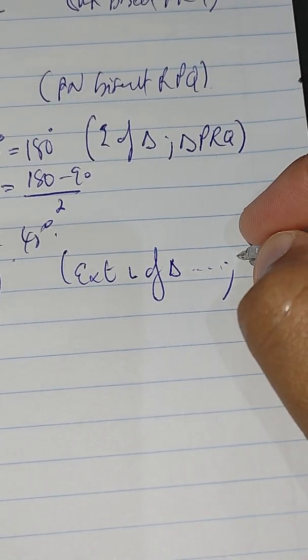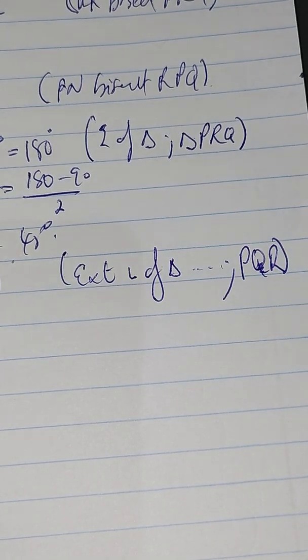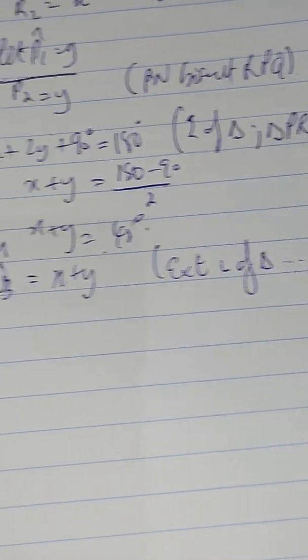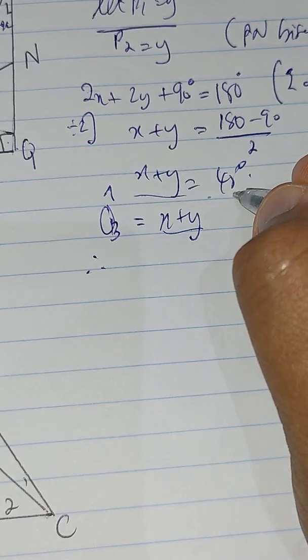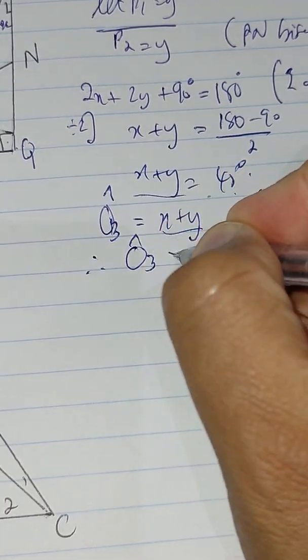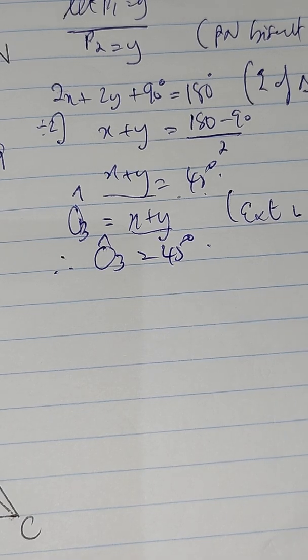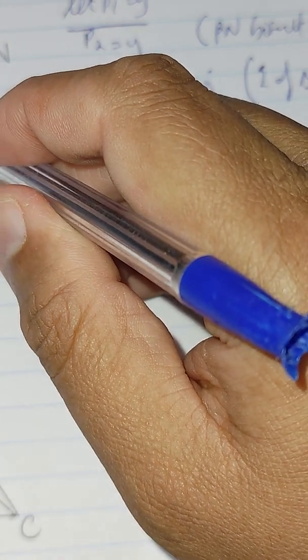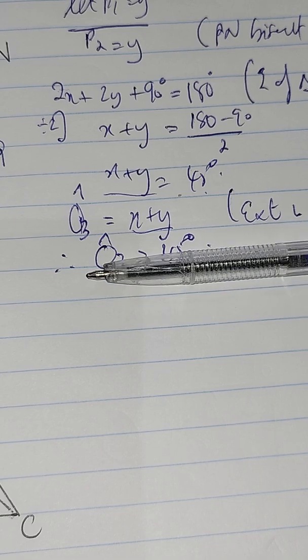That's the exterior angle of triangle POR, not Q but POR. But what is x plus y? x plus y is 45, therefore O3 is equal to 45 degrees. This will prove that question. We can't use this 45 in the calculation. It must be where you're ending off with that being 45.